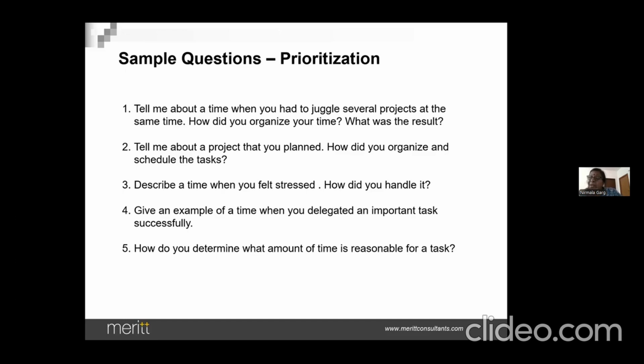For example, for a campus recruiter, prioritization becomes very important because there are deadlines and dates where he has to plan the dates for interviewing. If you don't fix dates well in advance, you might not even get a date for those particular slots.